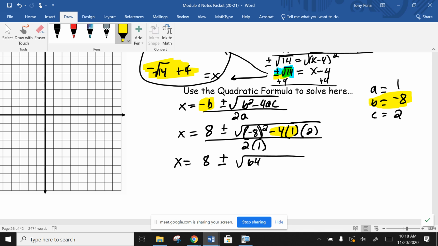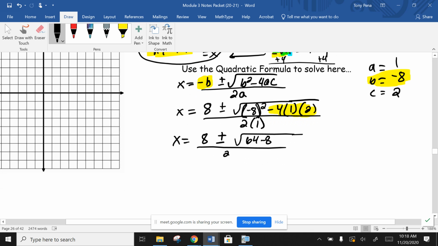A negative 4 and a 1 is a negative 4. That negative 4 times 2 is a negative 8. 2 times 1 is going to give you a 2. Then from there, all we're going to be able to do in the next step is simplify 64 minus 8, which is 56, and then all over 2.